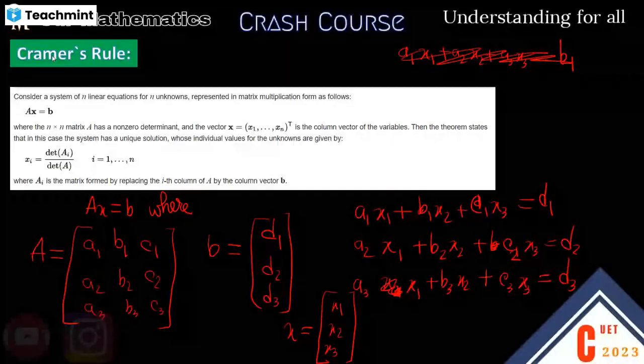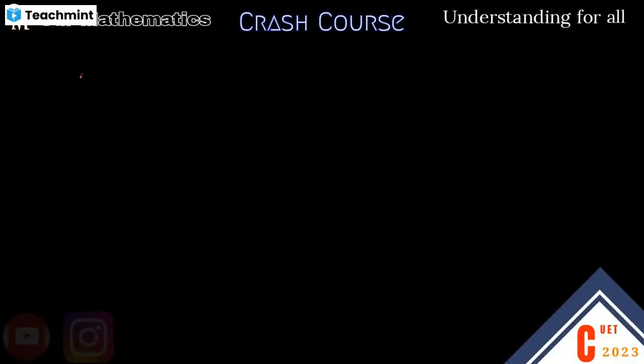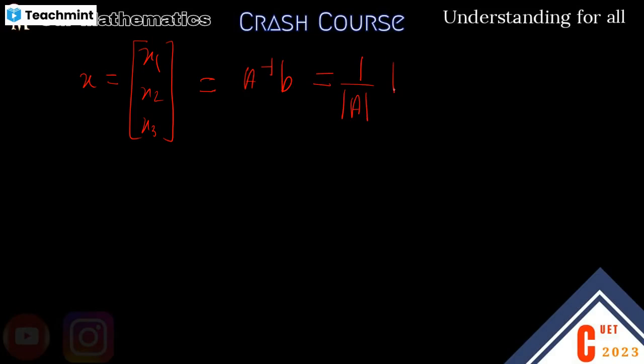Then what do we have to find? We have to find X, right? We have to find the values of x1, x2, x3. It will be, from here, A inverse B, that is 1 by determinant of A, adjoint of A times B. If determinant of A is not equal to 0, then the system has a unique solution.